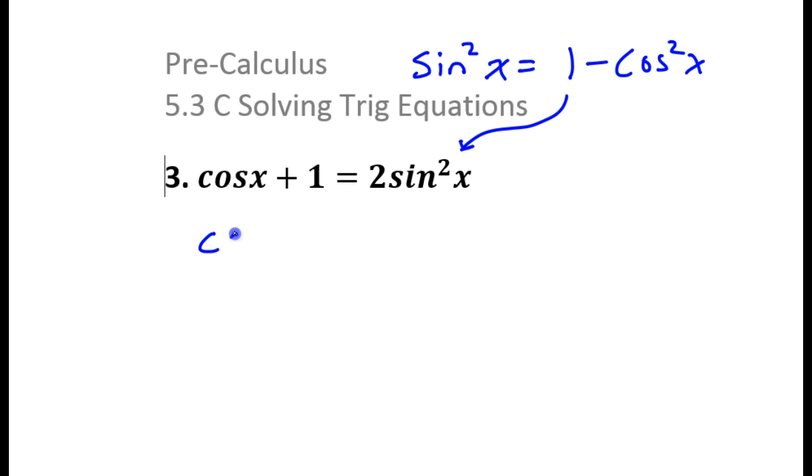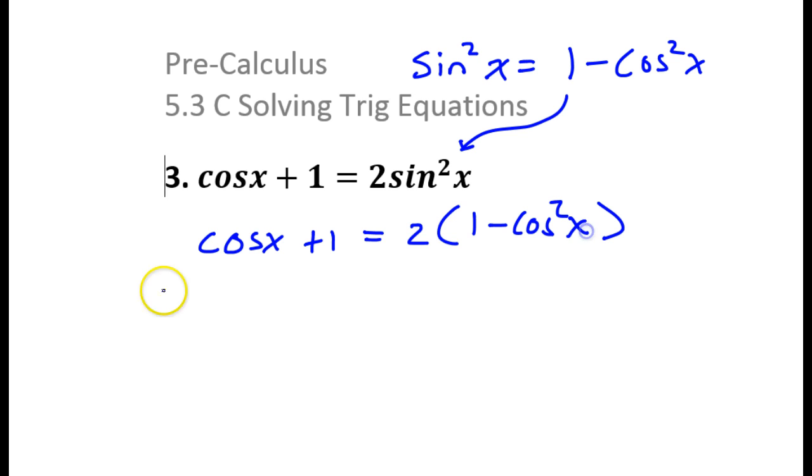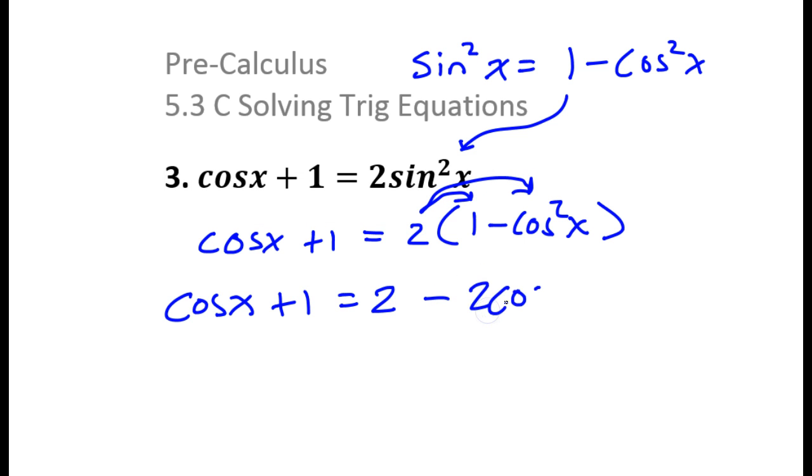So I have cosine x plus 1 is equal to 2 times, substituting 1 minus cosine squared x. Now I have cosine x plus 1 is equal to, we have to do some distributive properties, so that'll be 2 minus 2 cosine squared x.